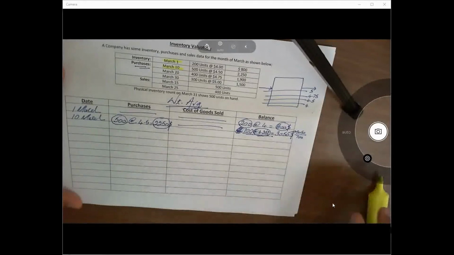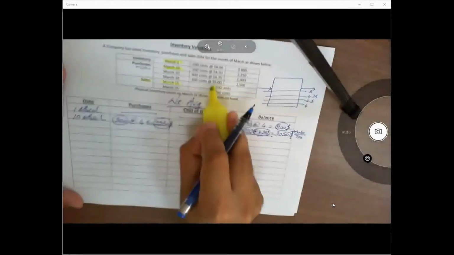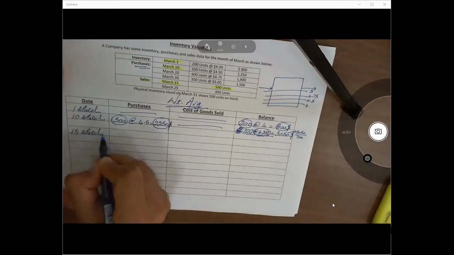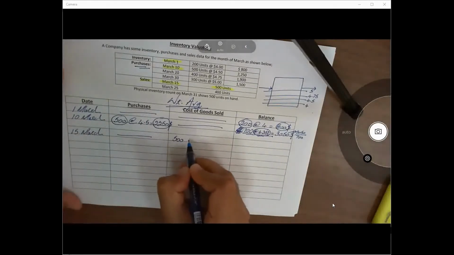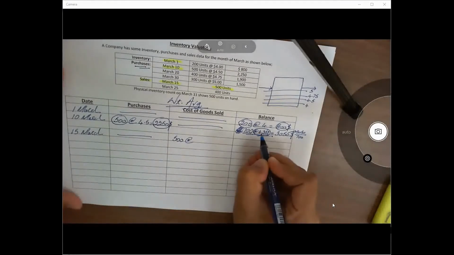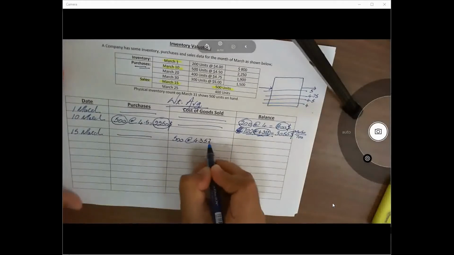which means our next date we are selling something, we are selling 500 units. So I will write over here 15th of March. So selling how many units? 500 units. So simply we will sell 500 units from these 700, but at a cost of 4.357.